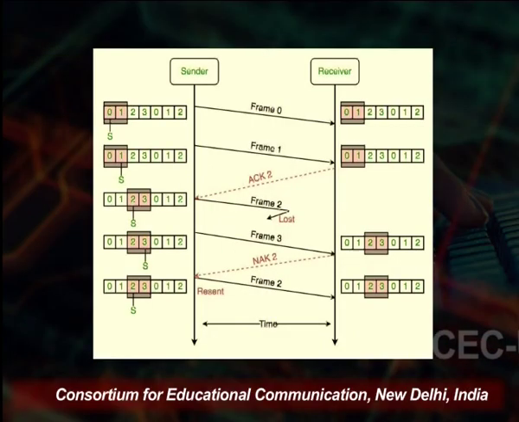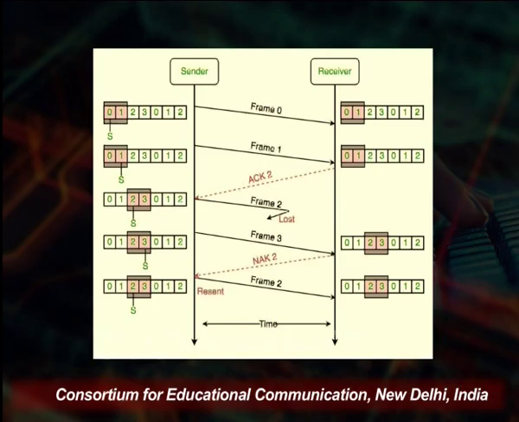Now here is another figure in which we have taken a window size of again 4: 0, 1, 2, 3. Let us see how this window is being slid. Frame 0 and then frame 1 are sent. Now ACK2 is sent, meaning frames up to frame 1 have been correctly received, and so at the receiver end you can see the darkened frames.